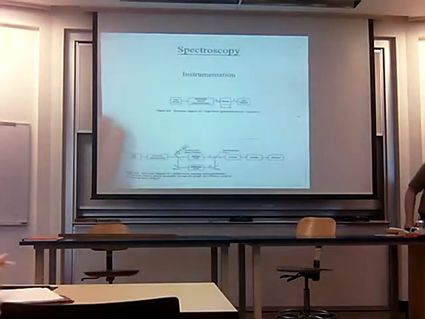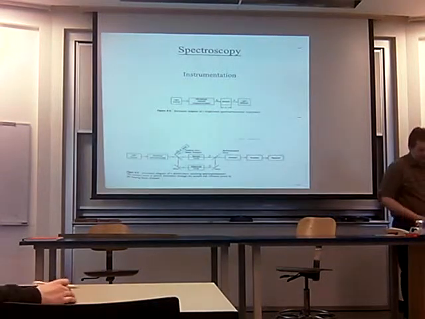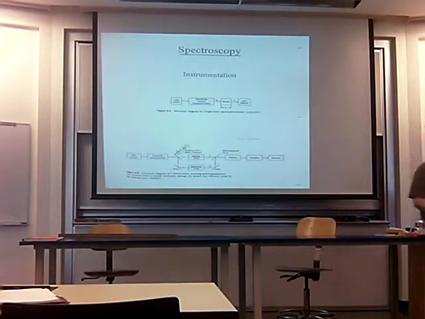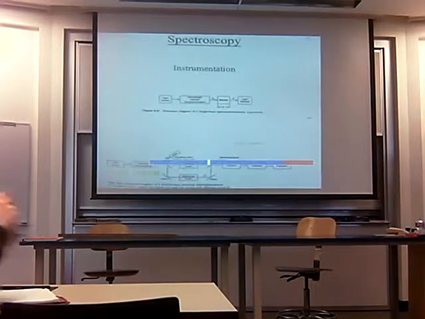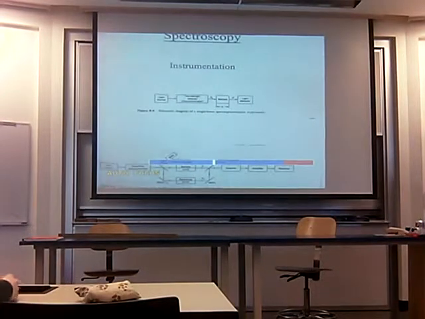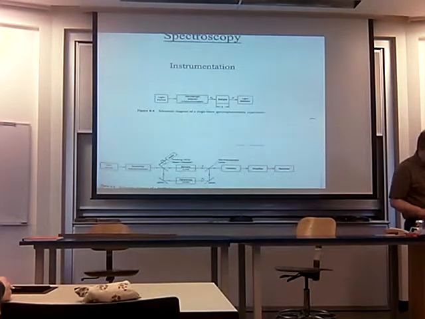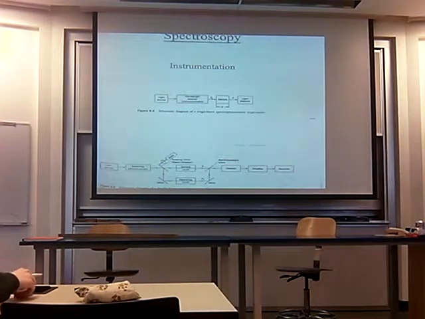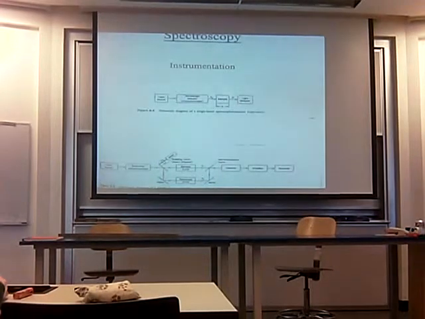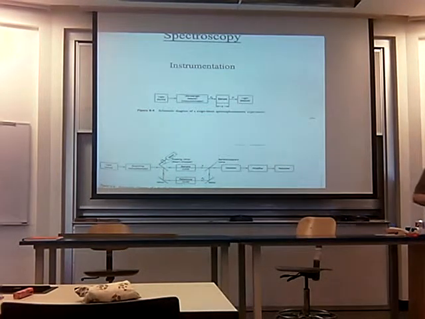You've already seen that. Okay, so we've been talking about spectroscopy, or last lecture we started talking about spectroscopy. And during spectroscopy, you are oftentimes, not always, but the majority of times, looking at absorbance.